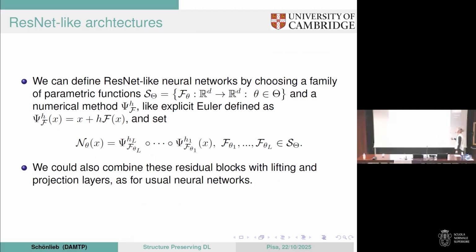Okay, so the whole idea here is that you have a set of parametric functions, f thetas, which is this combination of matrix multiplications and pointwise nonlinearities.